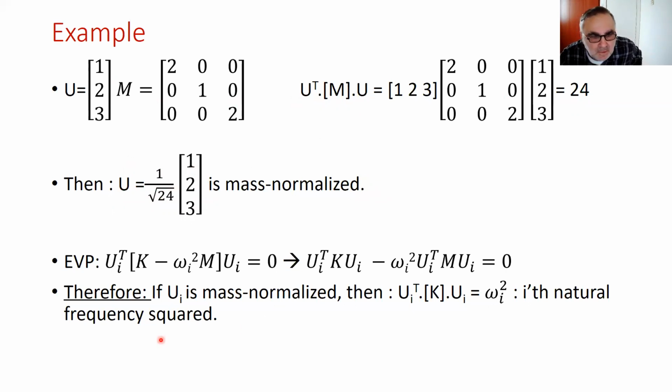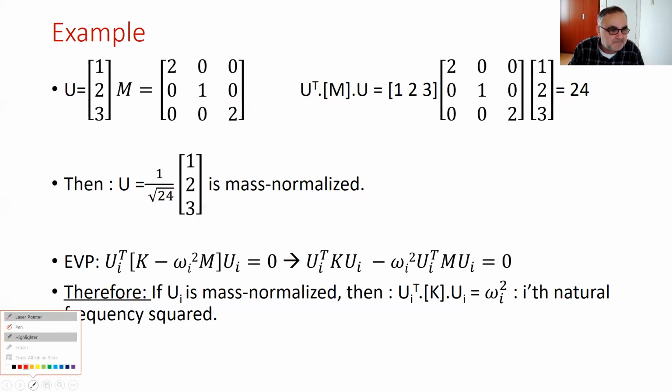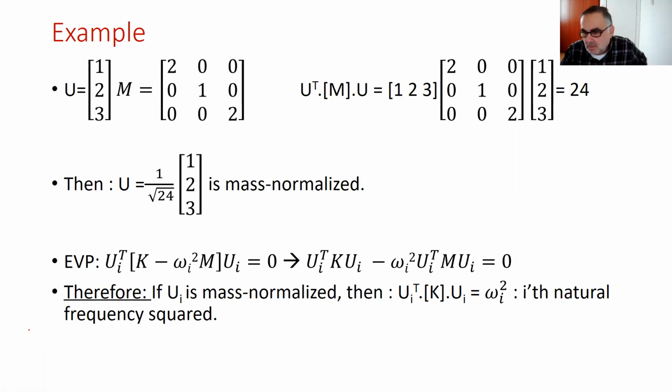So here, the U transpose M U will give you 1, if you have it mass normalized.